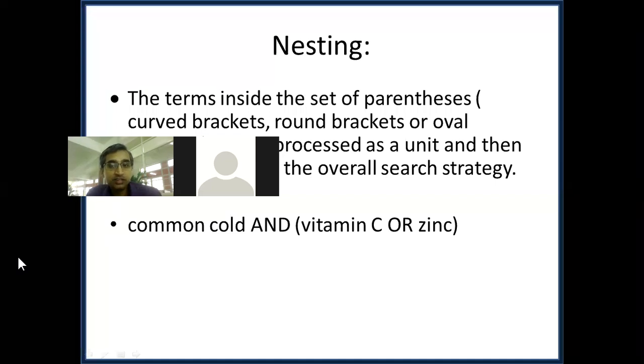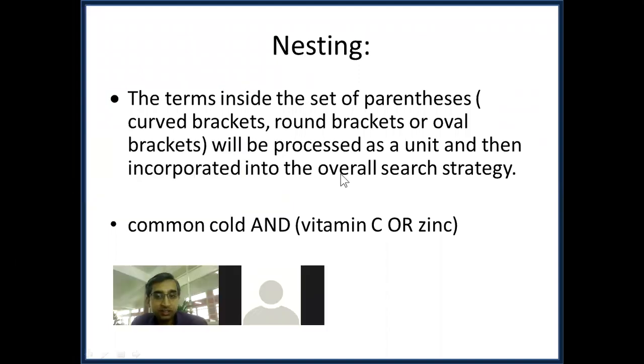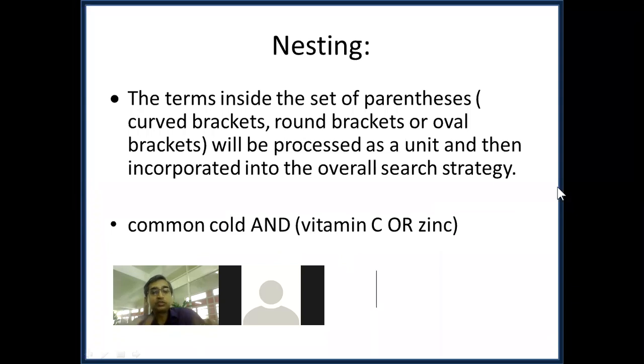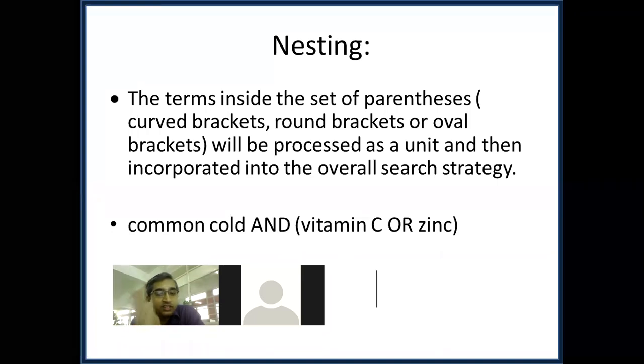Nesting, already demonstrated to you. Nesting is when you are using Boolean operators in combination. In this case, I have written common cold and vitamin C, common cold and zinc. Instead of making two separate searches for common cold and vitamin C, and common cold and zinc, and adding those articles, in a single search I have combined both of them: common cold, and then a bracket, vitamin C or zinc.